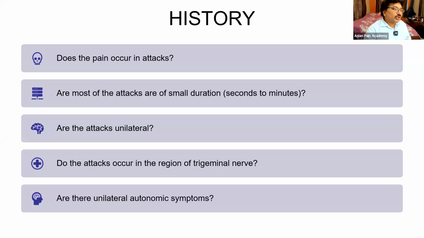Now, what are you going to ask the patient in a case of trigeminal neuralgia? First of all, does the pain occur in attacks? Usually the patient says that pain comes in attacks, and most attacks are of short duration. Attacks are unilateral, they occur in the region of the trigeminal nerve, and there are usually no unilateral autonomic symptoms like lacrimation, stuffiness of the nose, and edema or puffiness and swelling of one side.